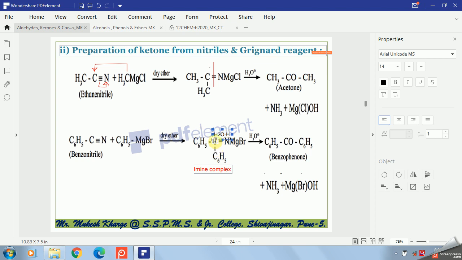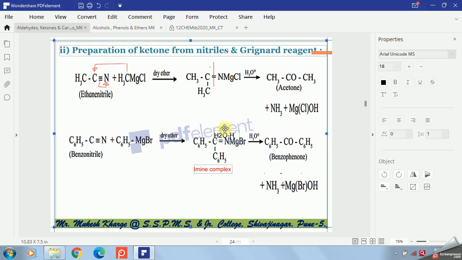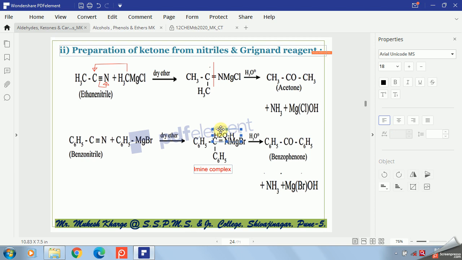O dash H, that is H3O plus. So plus charge is there. Okay, so here OH2 plus.